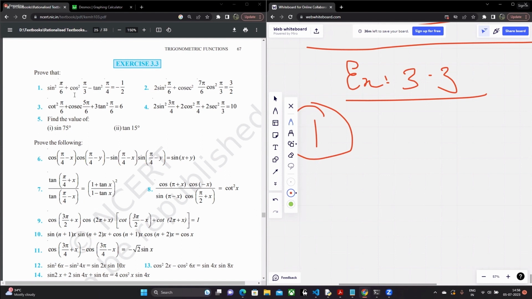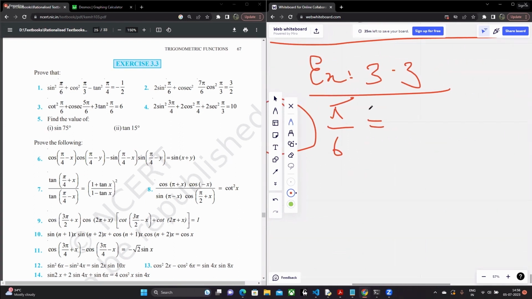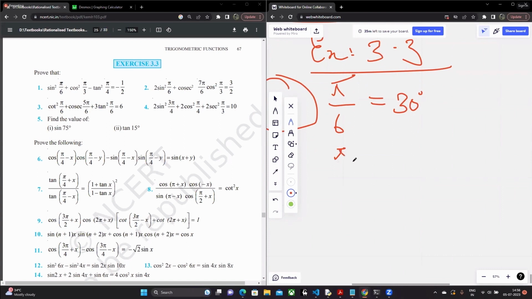So the first question: prove that sine squared pi by 6 plus cos squared pi by 3 minus tan squared pi by 4 is minus 1 by 2. Pretty easy. First, notice that each of these angles is a standard angle, right? Pi by 6, if you remember your radian conversion formula, is basically 30 degrees. That means that pi by 3 is going to be 60 degrees.